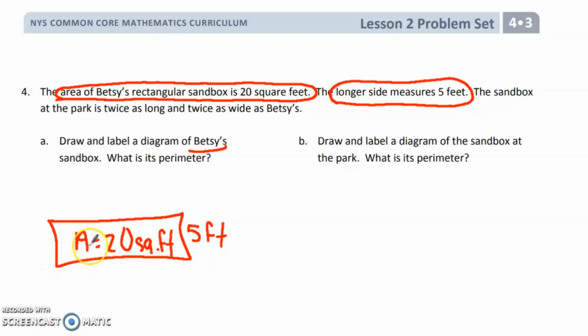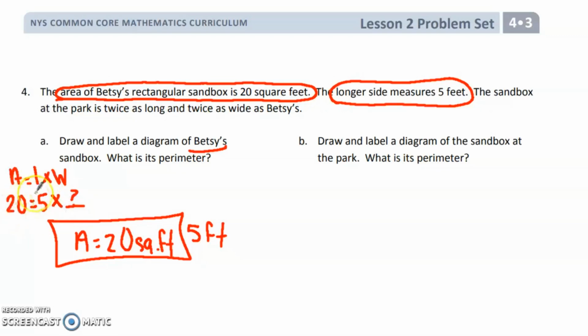This is very similar to the one we did in the previous video, because we know the formula for area is area equals length times width. Since they're telling us the area is 20, we're pretty much doing 20 equals 5, which is the length, times something.